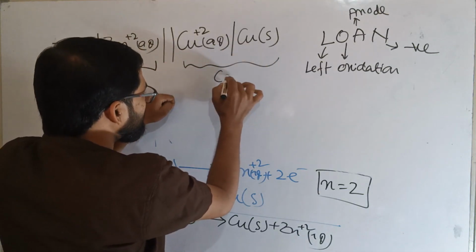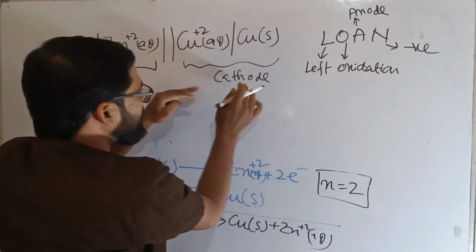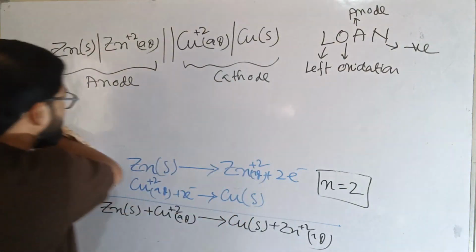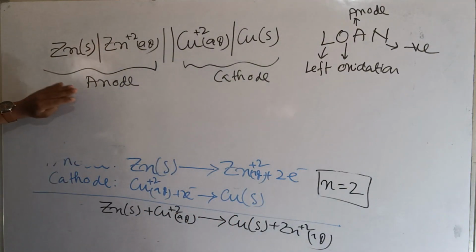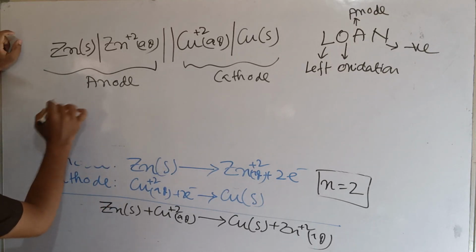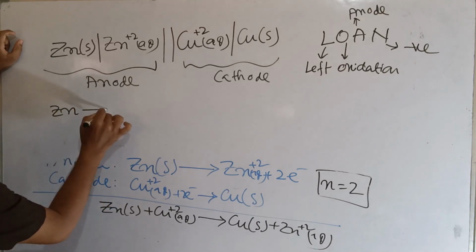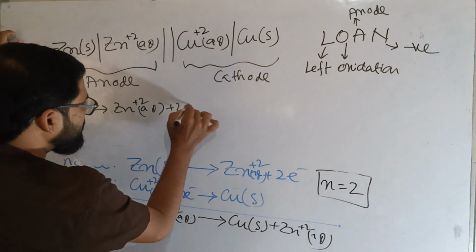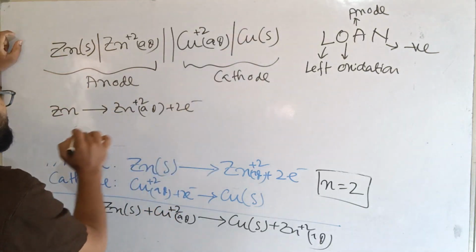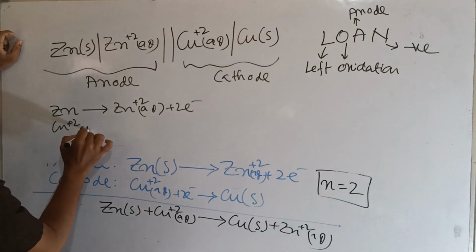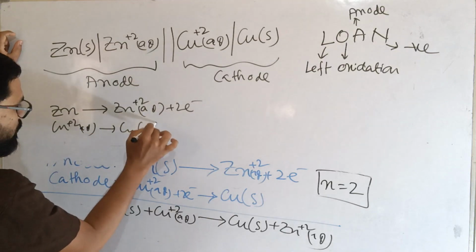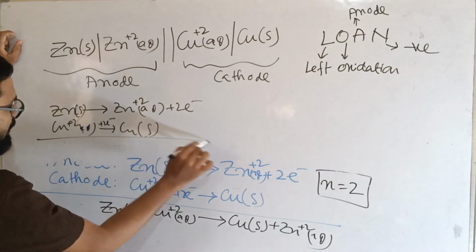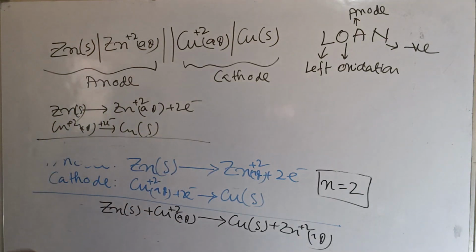So the anode reaction is Zn to Zn+2 plus 2 electrons, the cathode reaction is Cu+2 to Cu solid, and the net reaction is the same.